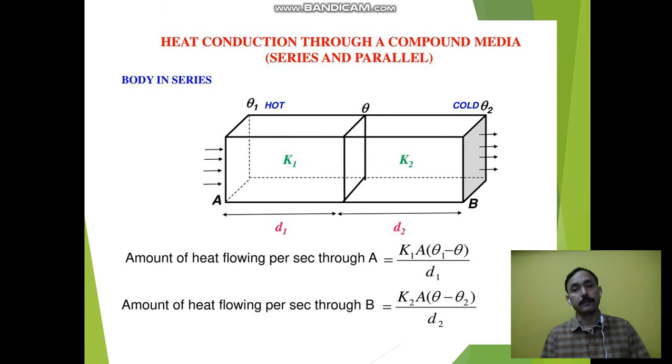Continuing from the previous lecture, we know what thermal conductivity is, its expression, and heat transferred.